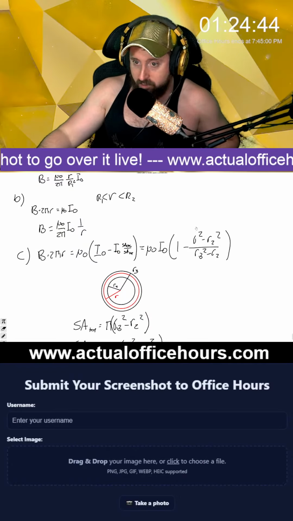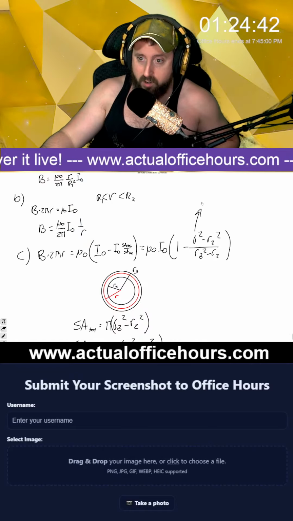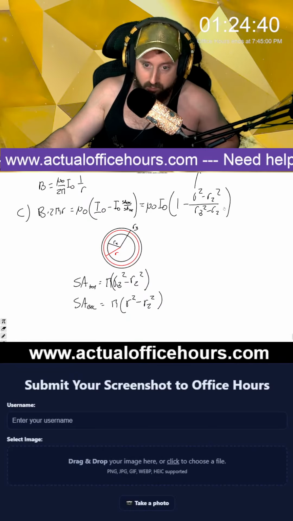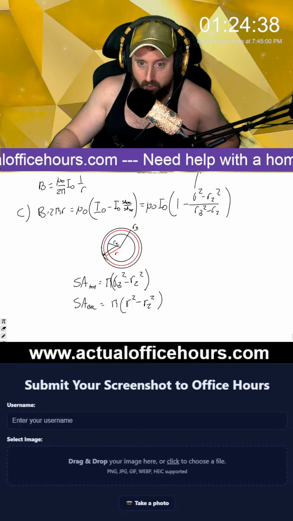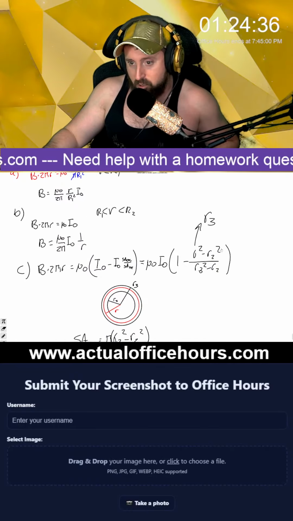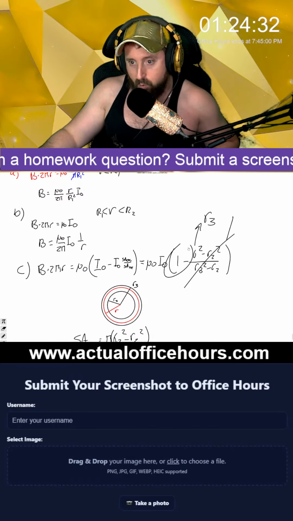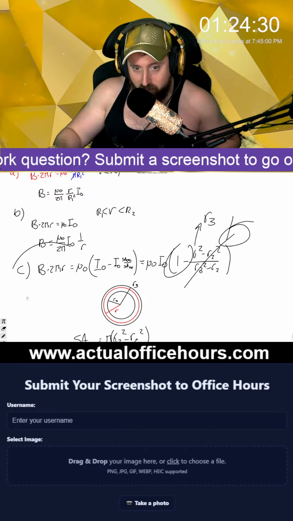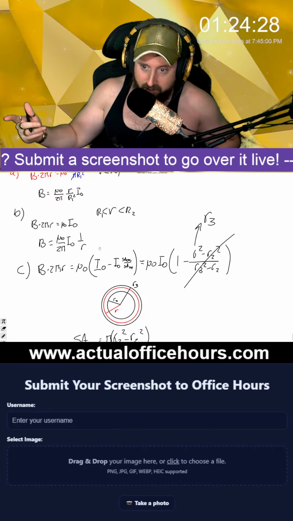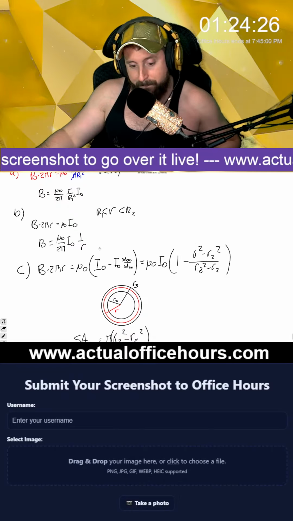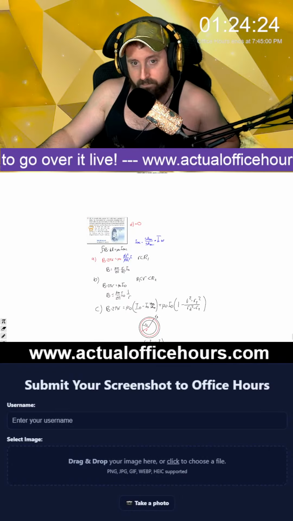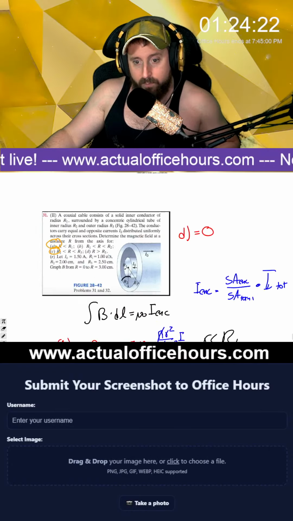You can double check your work here. Once r goes all the way out to R3, so once you're looking at the magnetic field all the way out, notice how the numerator will become the same thing as the denominator. This will become 1. 1 minus 1 is 0. And that's why the B field at R3 and beyond is equal to 0. Okay. Cool. Yep, so that's how you do that one.